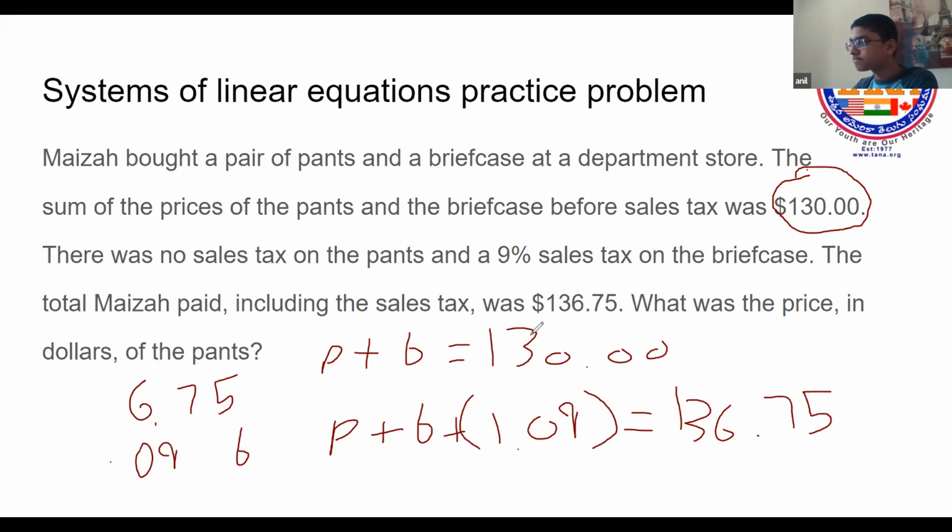I have to get my calculator out, one second. So basically what you do is you multiply the 6.75 times 100, and then you divide by 9, and you get 75 for your briefcase. $75 is your briefcase value.